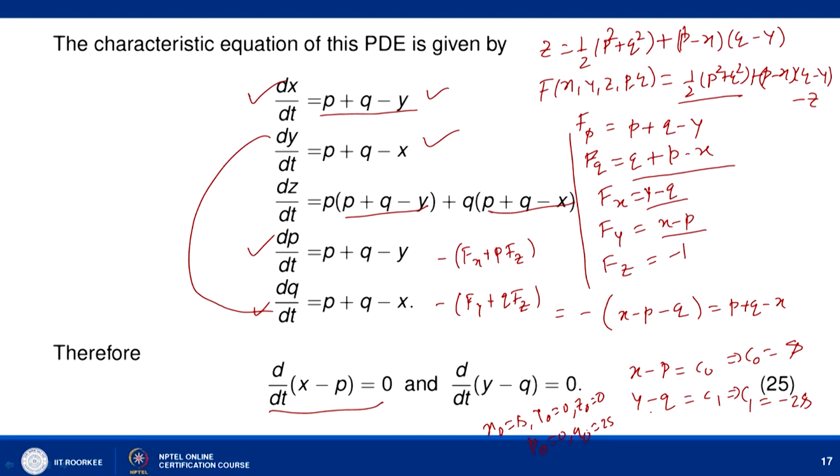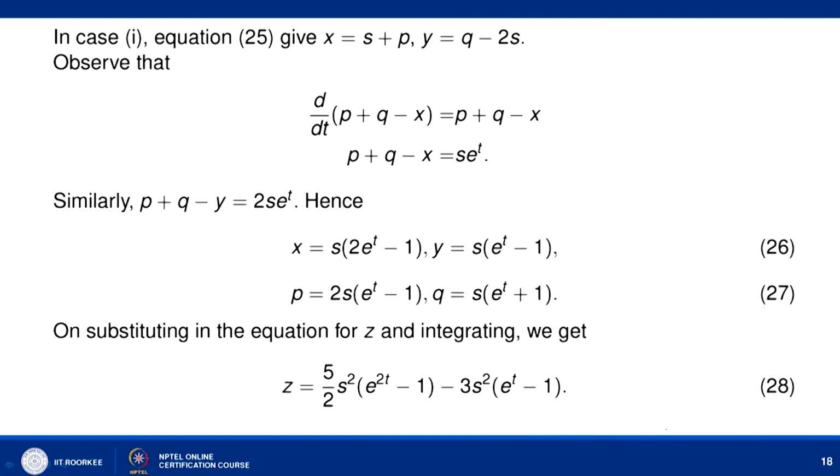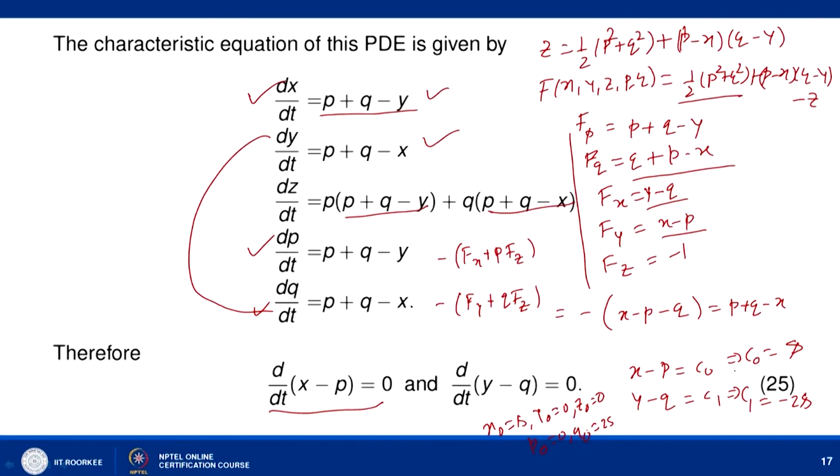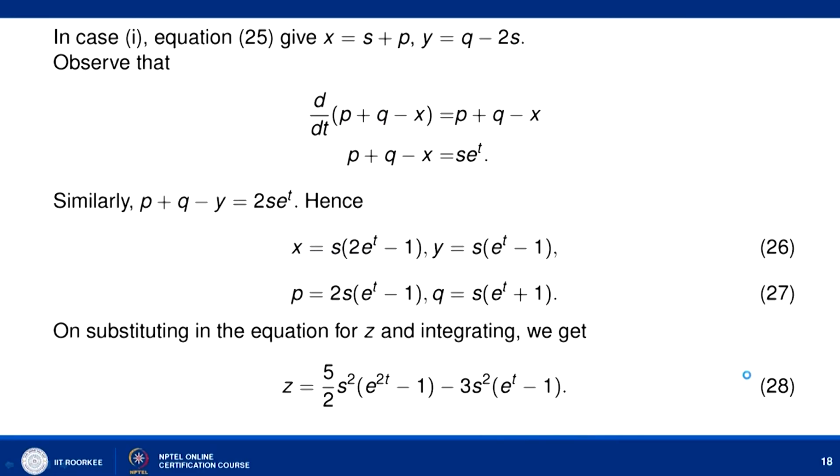Is it okay? c1 equal to minus 2s. So we can write our equations as x minus p equal to s and y minus q equal to minus 2s. That is what we have written here. So x equal to s plus p, y equal to q minus 2s.